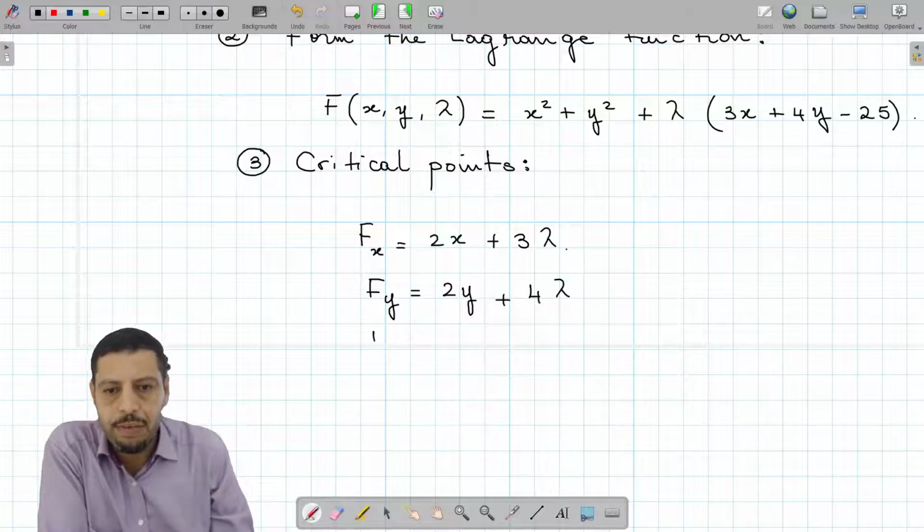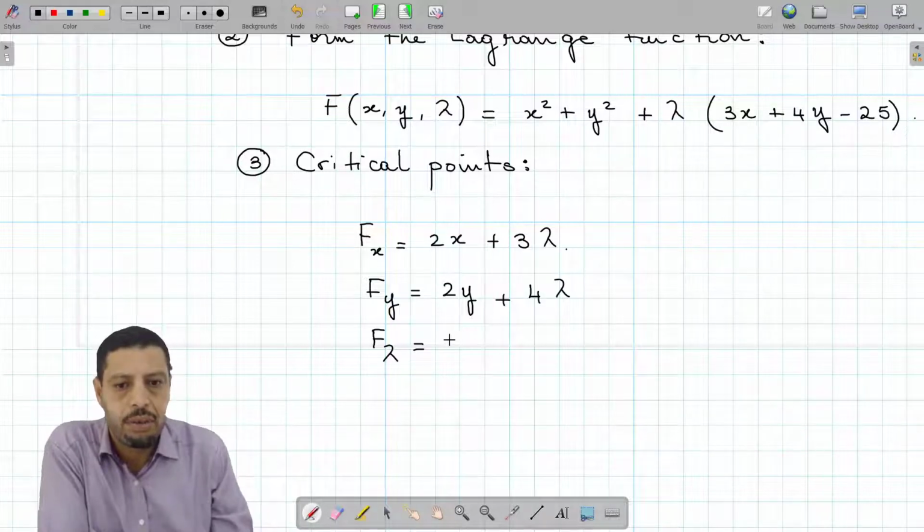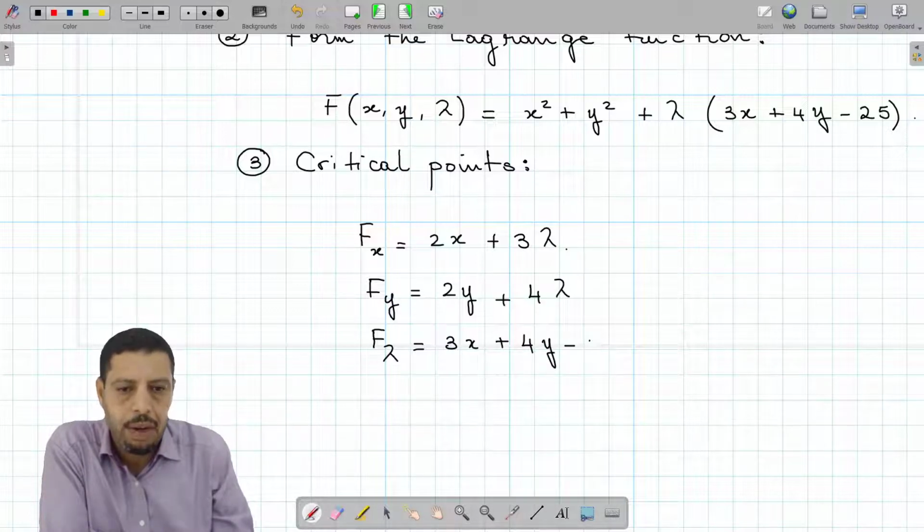The third quantity you have to compute is F lambda. I give you here a hint: F lambda is always the constraint g of x and y. So my recommendation is to not expand this term. You just write that it's 3x plus 4y minus 25.